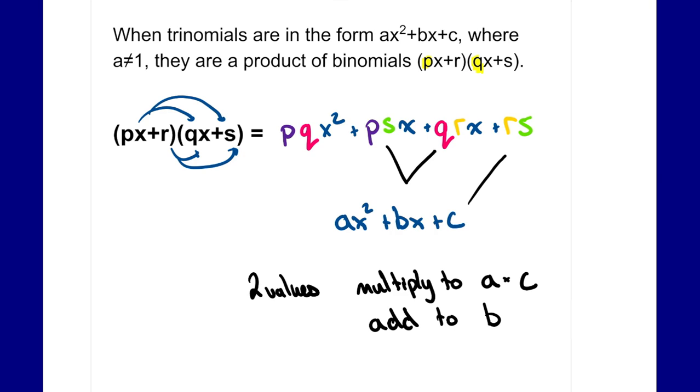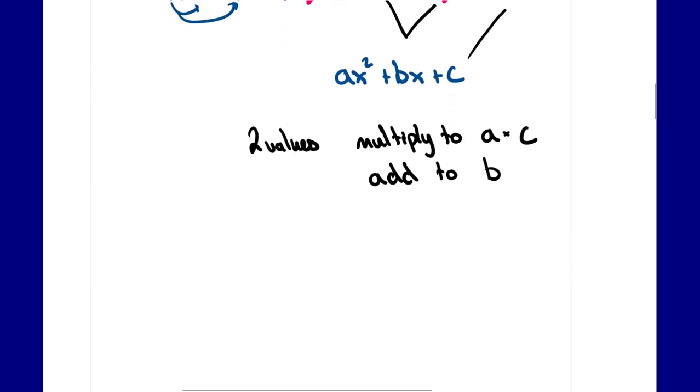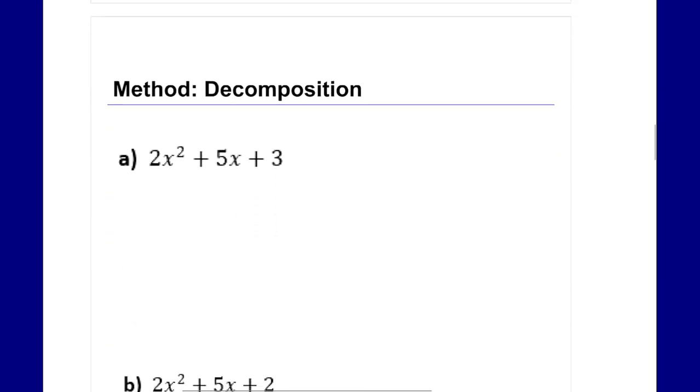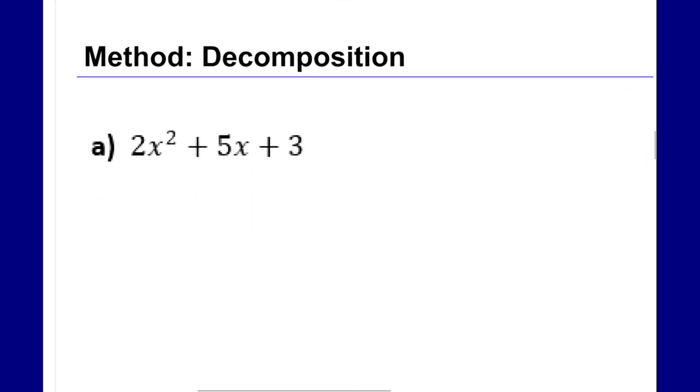So there's a new thing that we're looking for: two values that multiply to a times c, and they add to b. It's a little bit different because of how we expand. And we're going to use the method of decomposition, so we're going to work through it slowly.